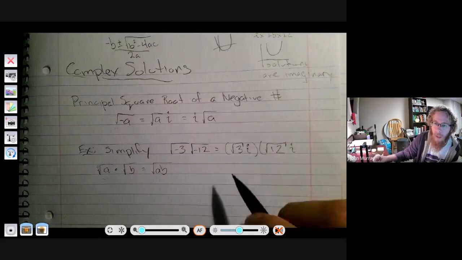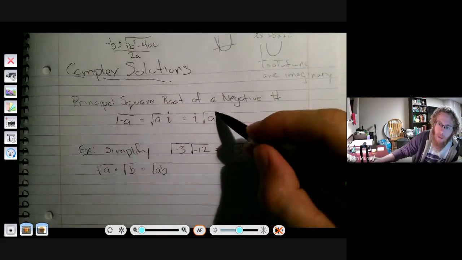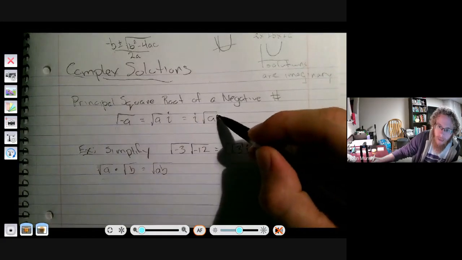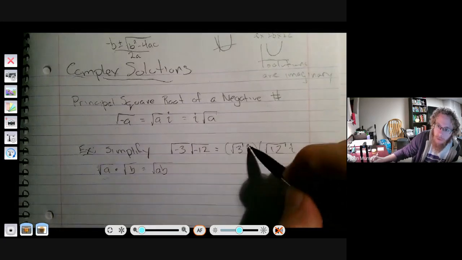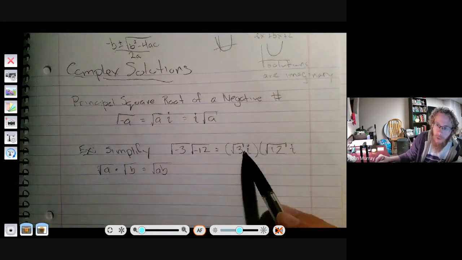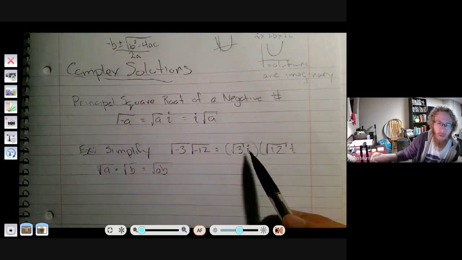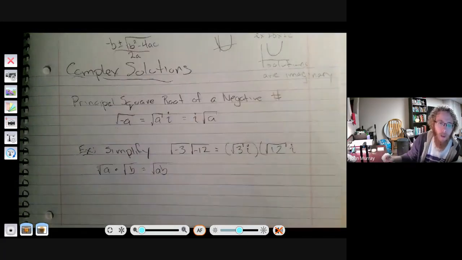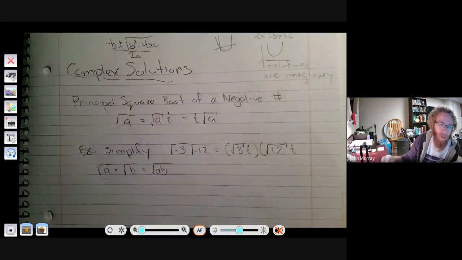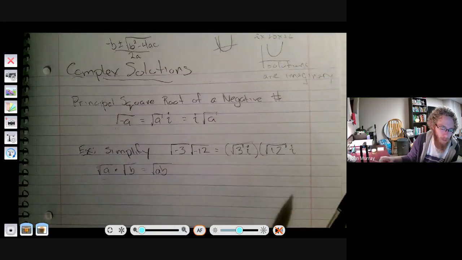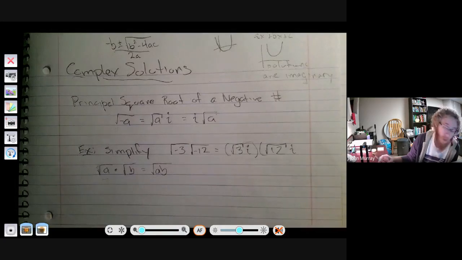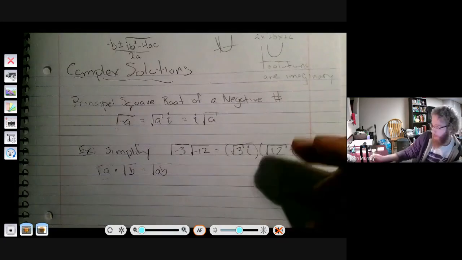I'll add a little end of the square root, just so you don't get confused that the square root doesn't go over the i as well. Taking the square root of i is a whole other thing. We won't be doing that.